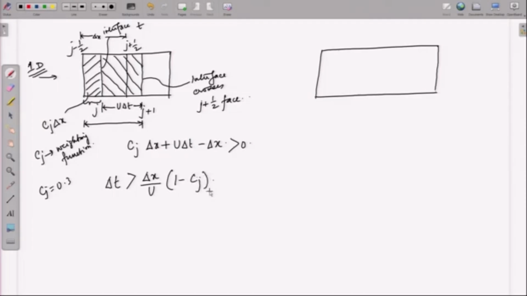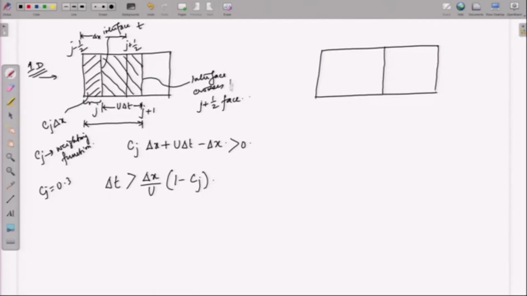So, as long as delta t satisfies this condition, the interface will cross, and in that case we know how to calculate the flux through that interface j plus half, because it has reached and crossed that interface over that time. Now, what if the other happens?